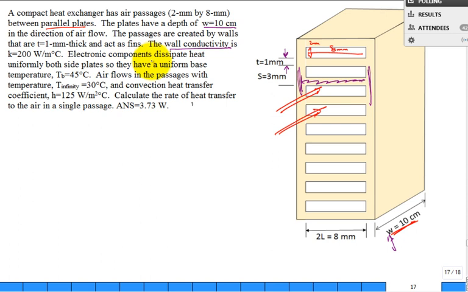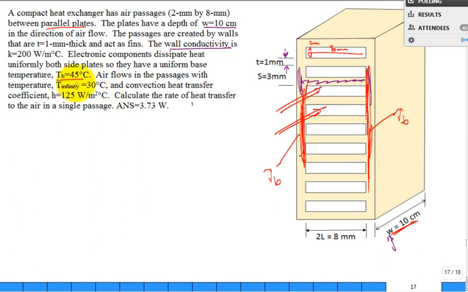So electronic components dissipate heat uniformly on both side plates. So there's some side plate where there's a lot of heat, and what we're going to do is assume that the temperature on this side is all TB, the base temperature, and the temperature on this side is all TB. Both sides have some heat source, electronic components.